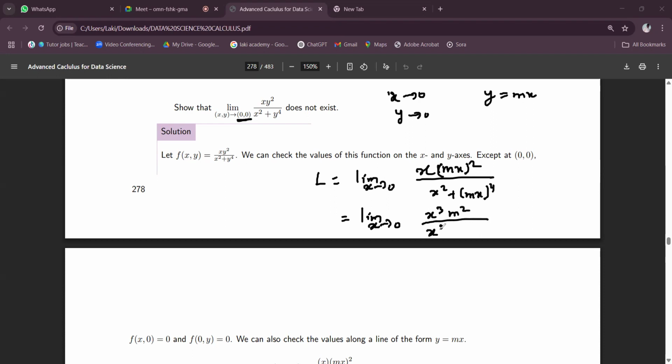Take x square common. What will you get? 1 plus m to the fourth x square, right?